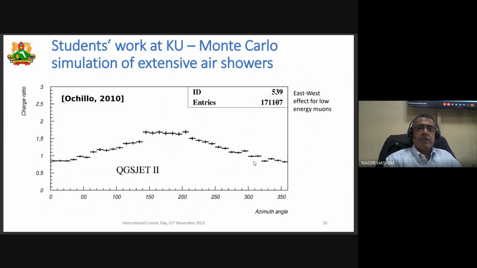Basically, these are muons, they are charged, and therefore, as they propagate through the Earth's atmosphere, they are affected by the Earth's magnetic field. Charged particles in a magnetic or electric field will be deviated, and you see more particles from one side compared to the other side. This was observed using Monte Carlo simulation.